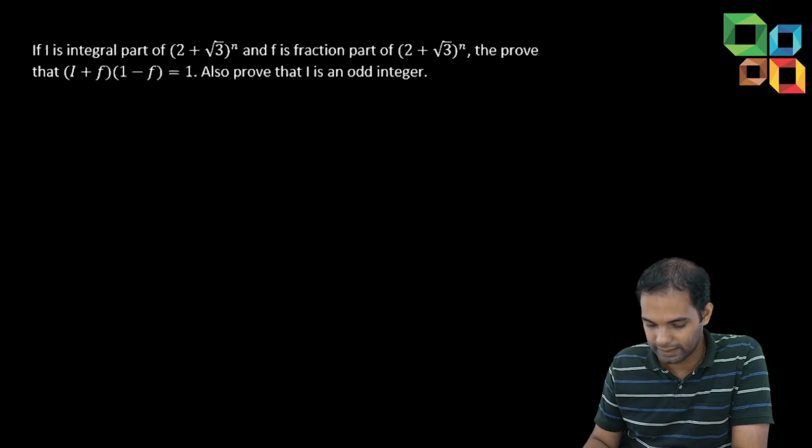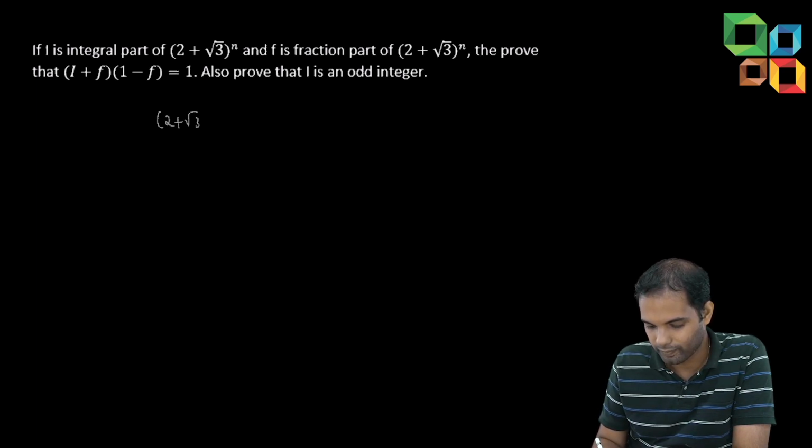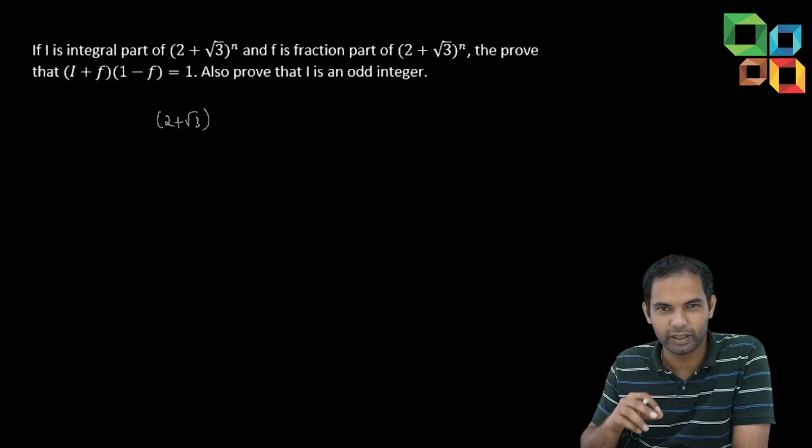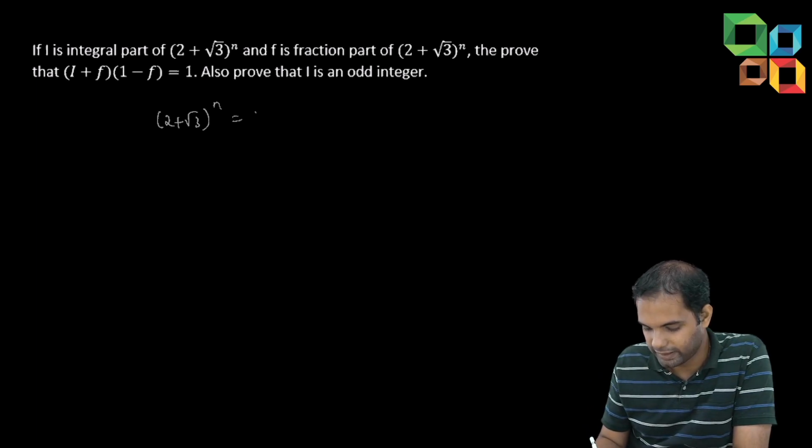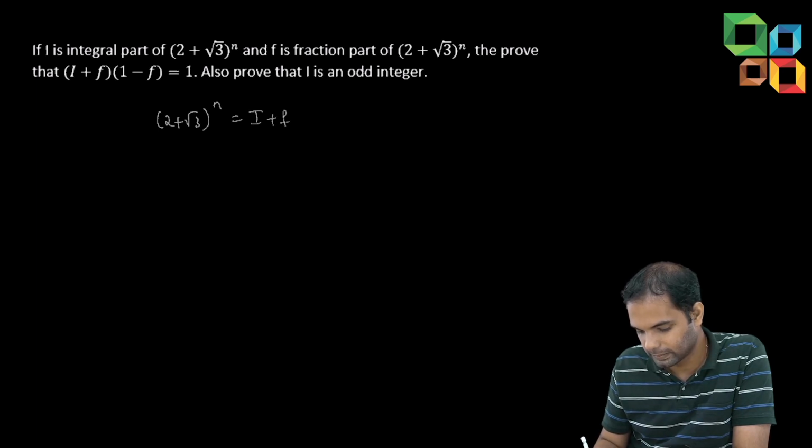So if I is the integral part of this and f is the fractional part of this number, we don't know what n is also. We just have 2 plus root 3, basically some irrational number, and we're raising it to some power. So what I'm getting is some integer part and some fraction.